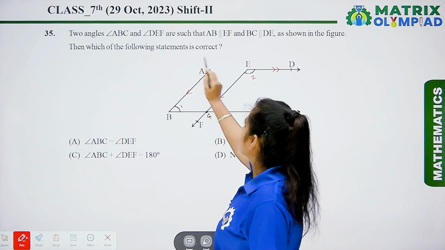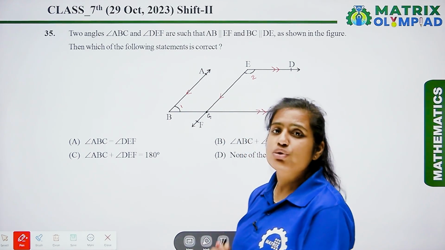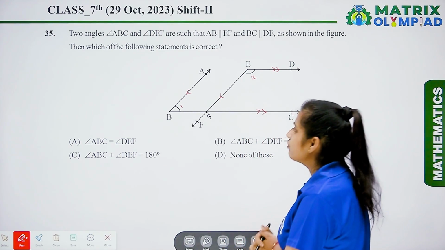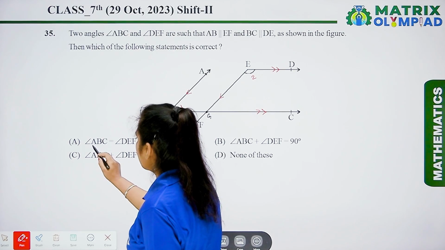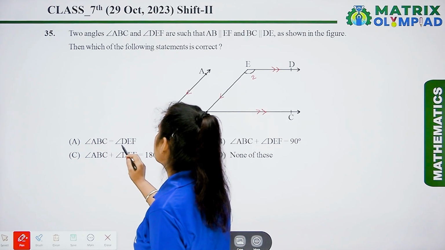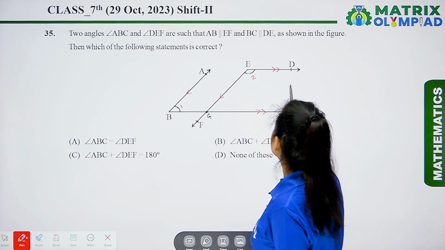Then which of the following statements is correct? So here we have to find out the correct statement. To find out the correct statement, we have to check the first option first. Here angle ABC is equal to DEF.